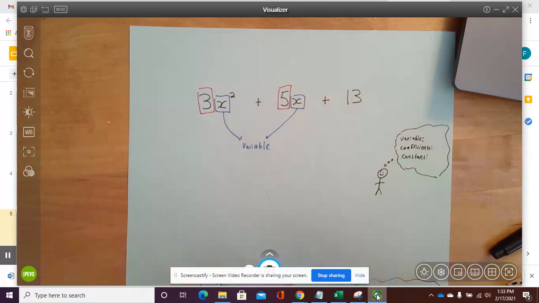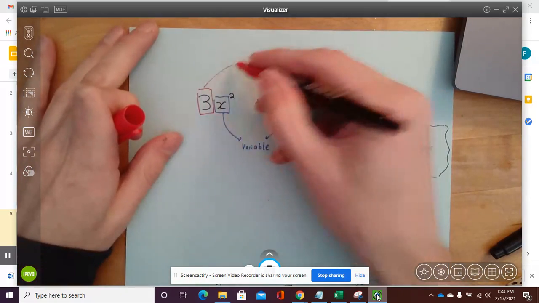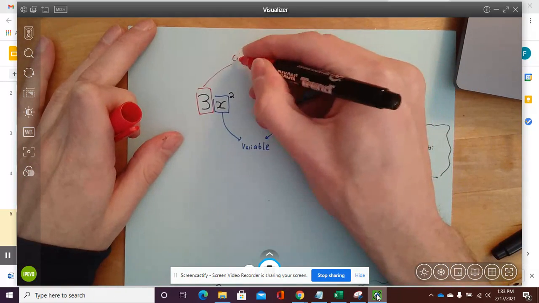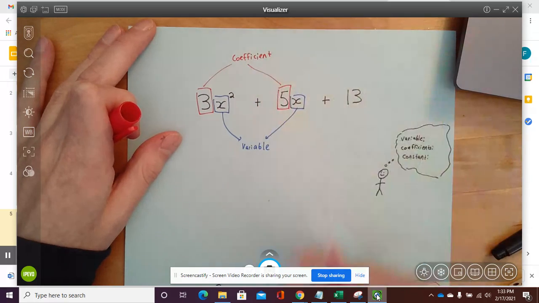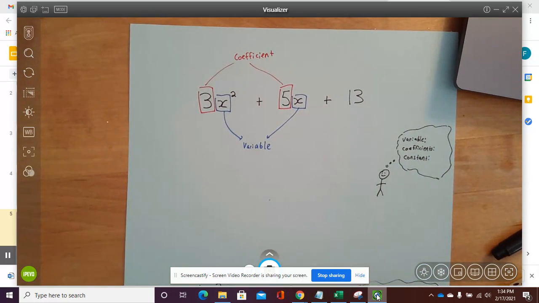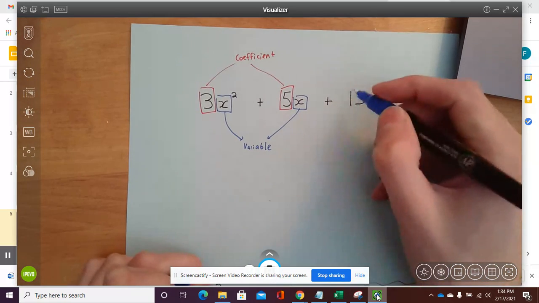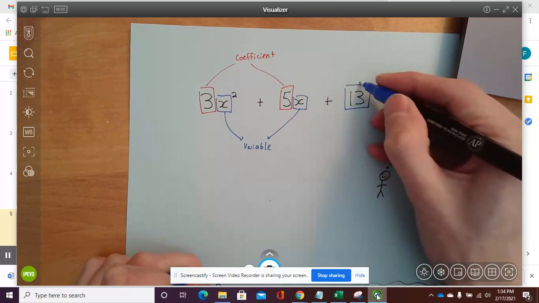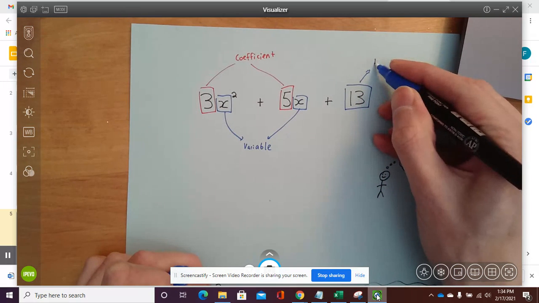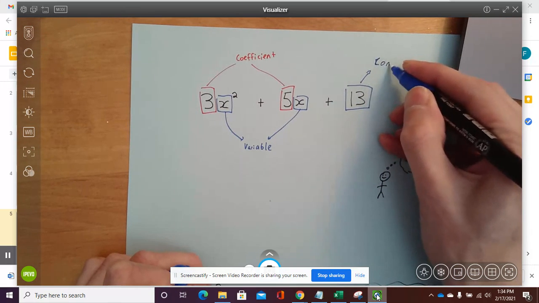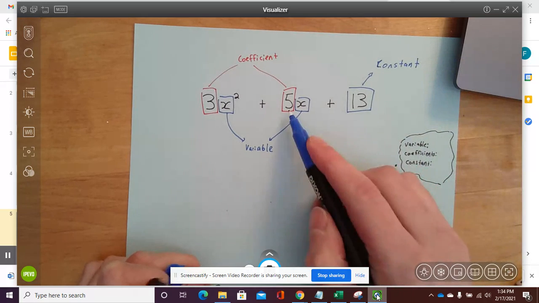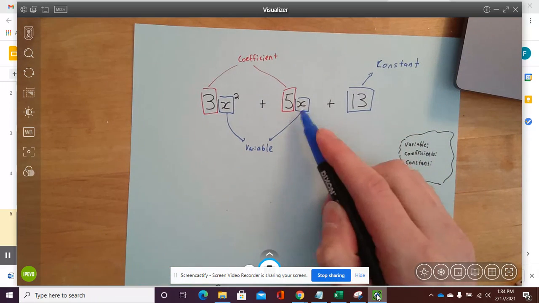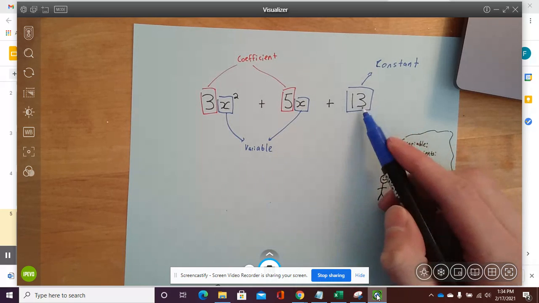Those are the numbers being multiplied by the variables. We call those coefficients. So the coefficient is the number that comes before the variable. And then a constant is just a number by itself. So here we have a constant of positive 13. Constant means that it stays the same, because 13 is always 13. It doesn't change depending on x. So 5 multiplied by x, that changes depending what x is. So it's variable. 13 is constant.